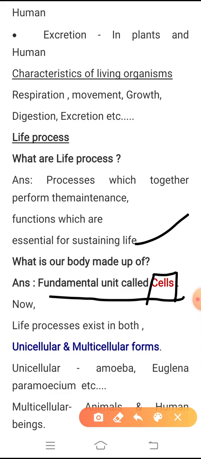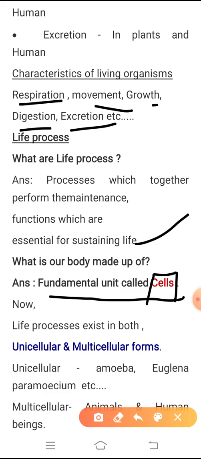As long as these processes keep happening, we say that the living organism is actually living. Means if all the life processes like respiration, movement, growth, digestion, excretion, transportation, circulation, control and coordination are seen in a living organism, then we can say that the living organism is actually living.